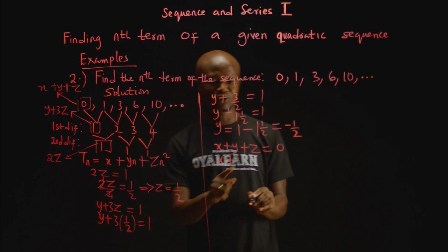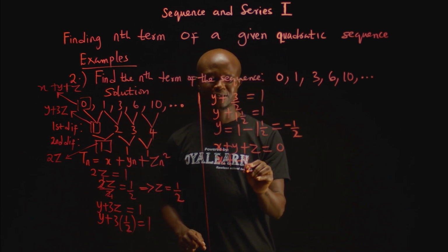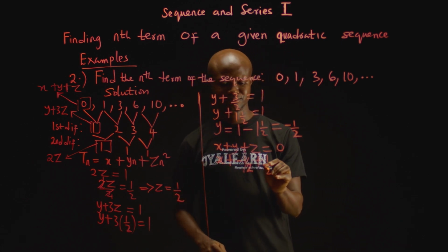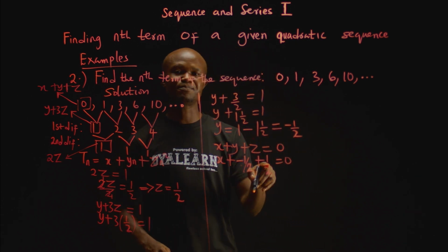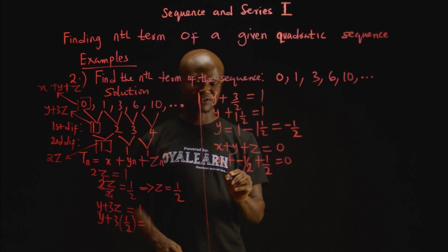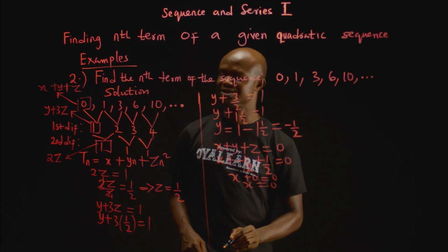We know the value of y, which is minus half, and z is half. Minus half plus half will give us 0. So x plus 0 equals 0, meaning that x equals 0.